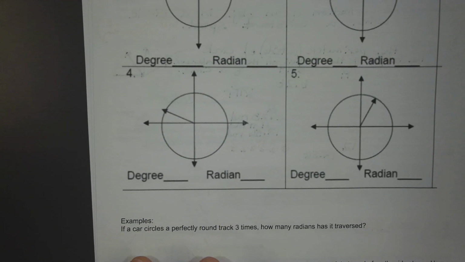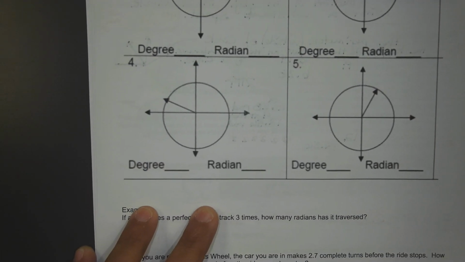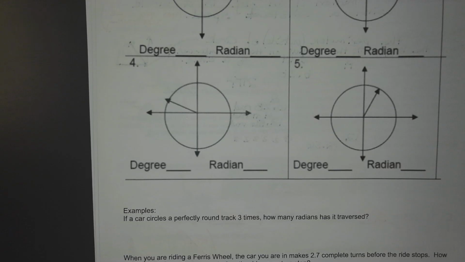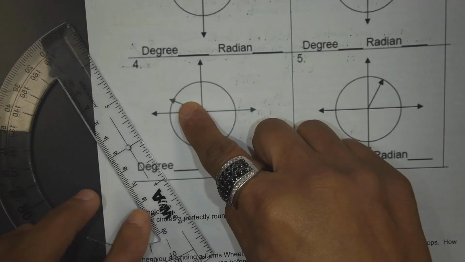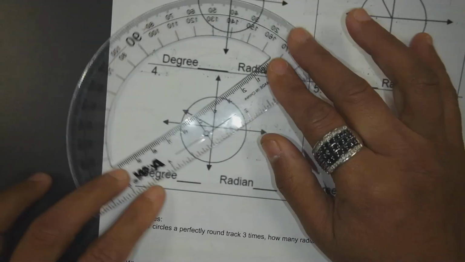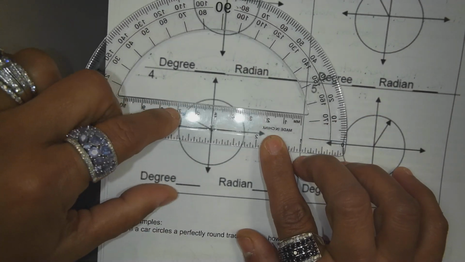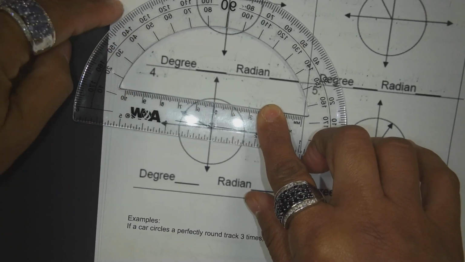I'm going to skip down to number 4, and then I'll go to number 1. Number 4, step number 1. When I do these personally, I grab my protractor, and I need to get my little arrow to extend out. If I line my protractor up, my little arrow is way down here, and I need it over here.